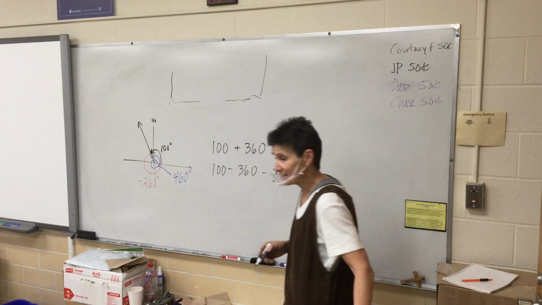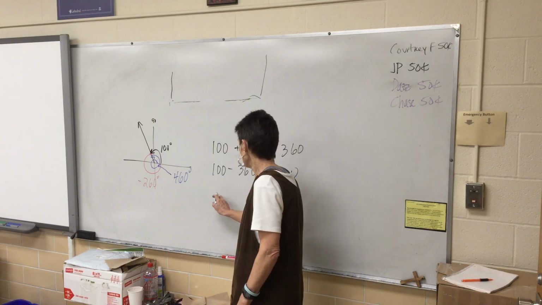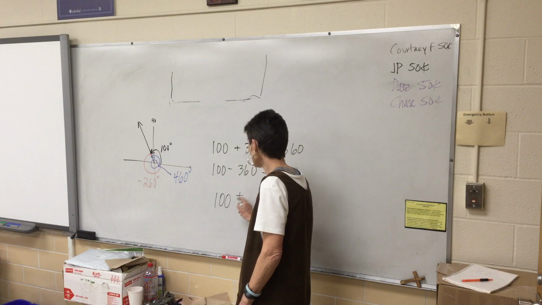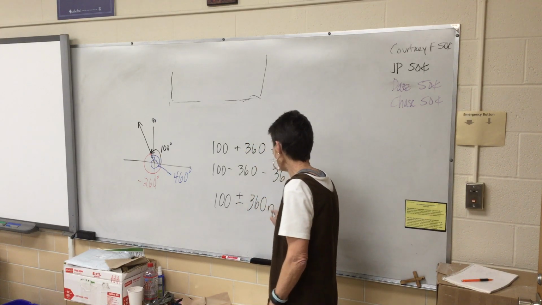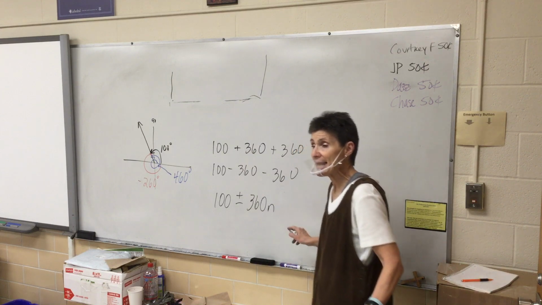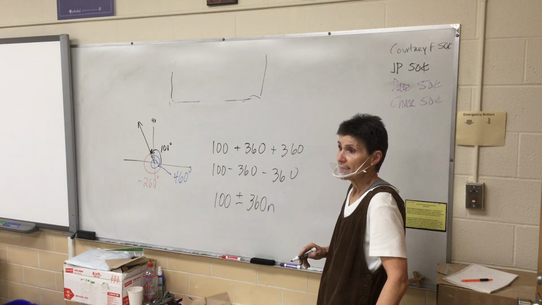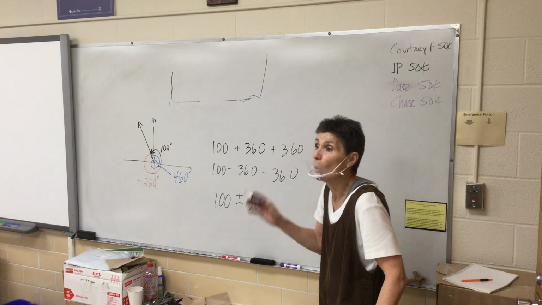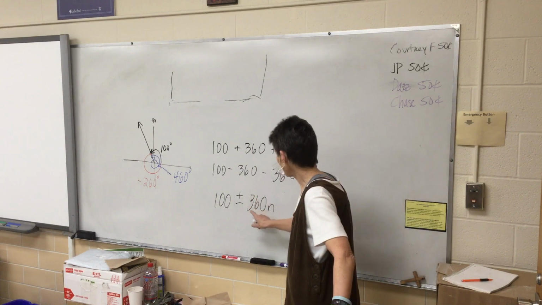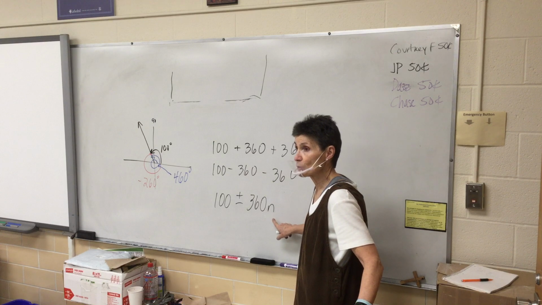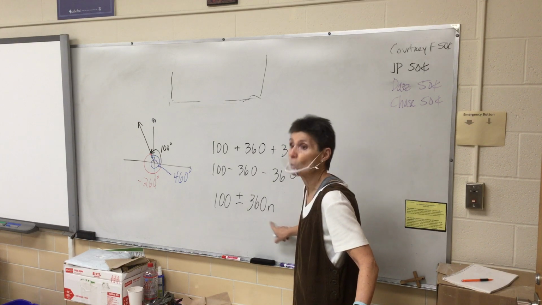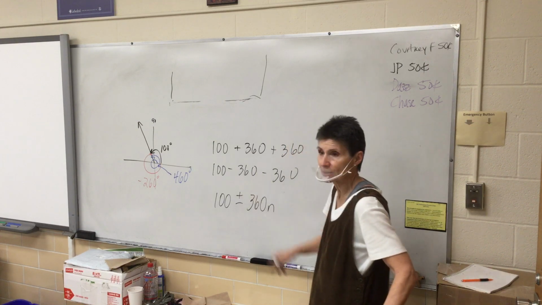That is written like this: 100 plus or minus 360n. And n is a whole number. It's like 1. So you could add or subtract one 360, or two 360s, or three 360s, however many 360s you want.